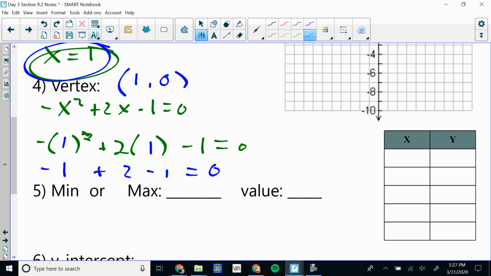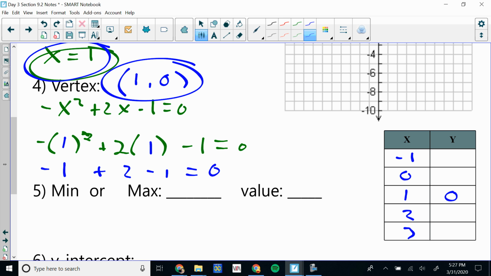All right, this one, if we plug in that point, 1, 0, to the middle of our table, let's go 2 less than 1, so we're going to have 0 and -1, and 2 greater than 1, 2 and 3, and we're going to find the y values of each of those.